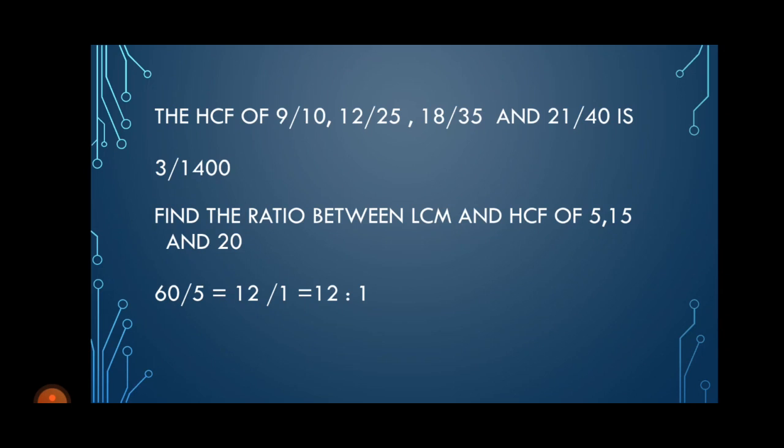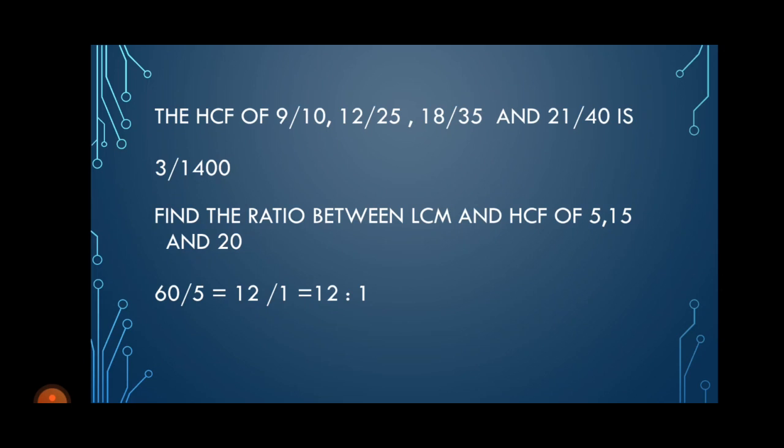HCF of 9, 12, 18 and 21 is 3, and LCM of 10, 25, 35 and 40 is 1400. HCF of numerators divided by LCM of denominators is the equation to find the HCF of fractions.